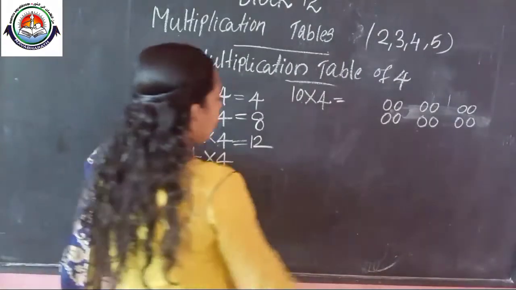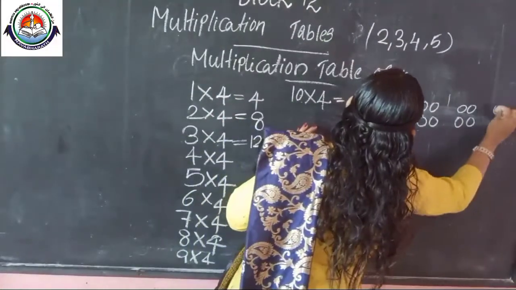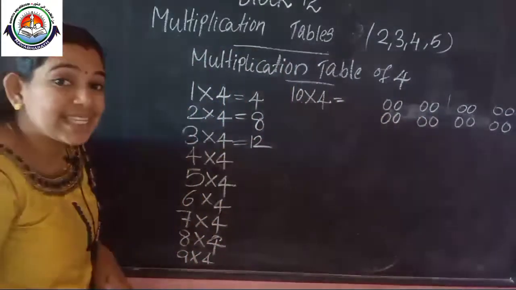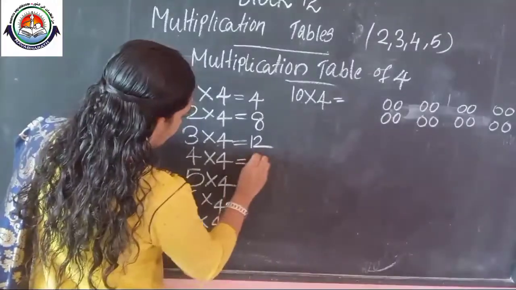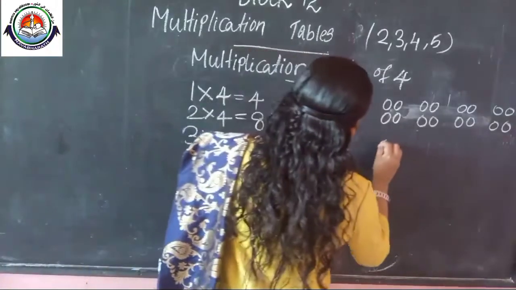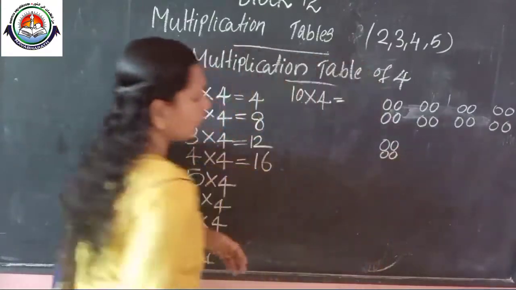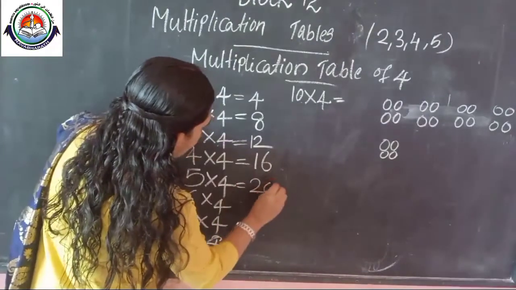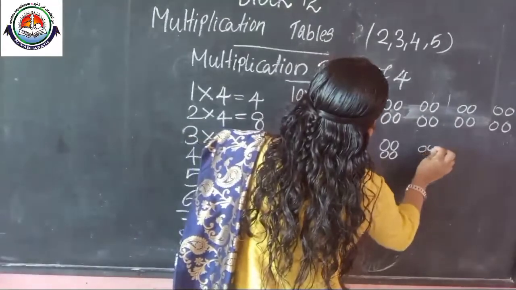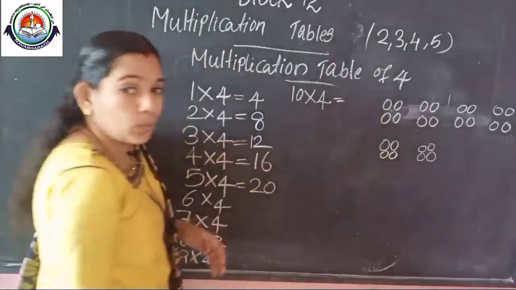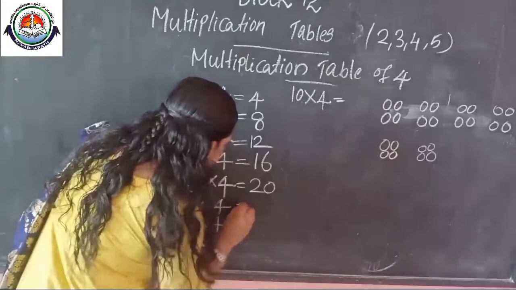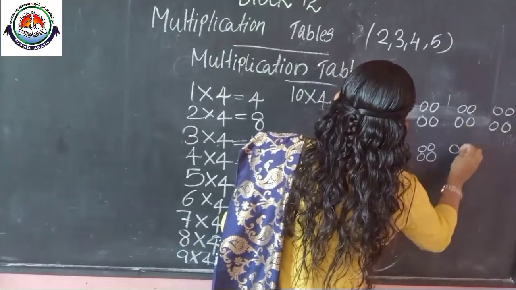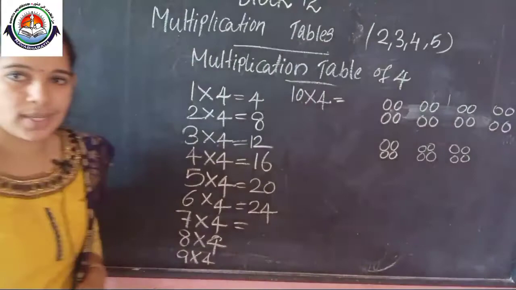Okay. Then 4 into 4, so one more group is there. Then how much? 16. Very good. Then another group. Now how many balls are there? Yeah, good, 20. Then now, 24. Then now, how many balls are here?